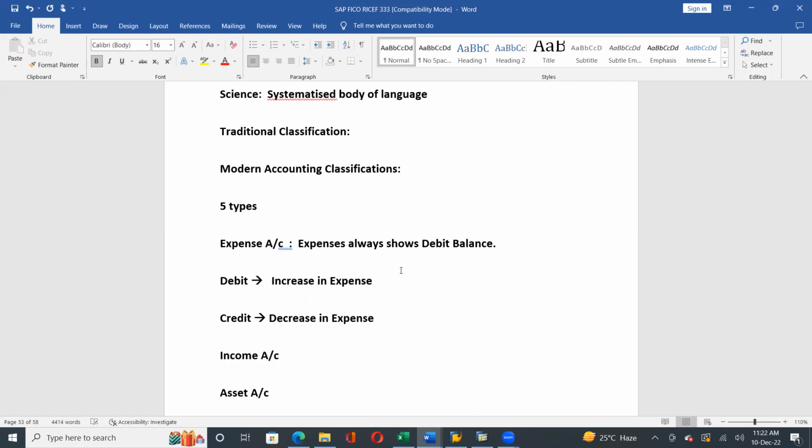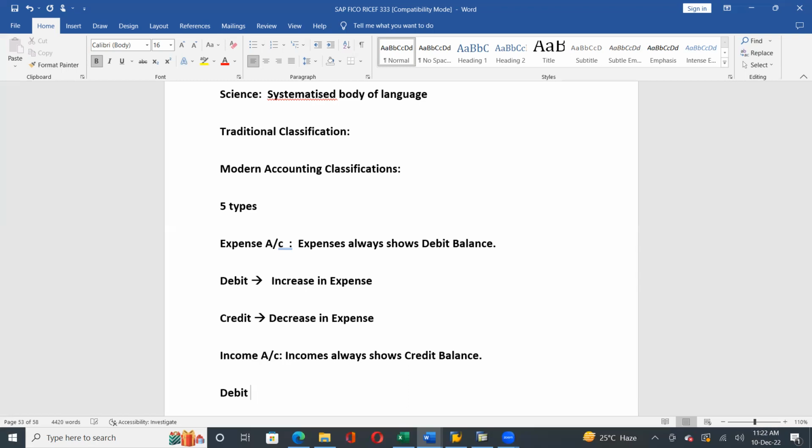When it comes to income, income always shows which balance? Credit. Right, same as the nominal account rule: debit all expenses and losses, credit all incomes. So income always shows a credit balance.